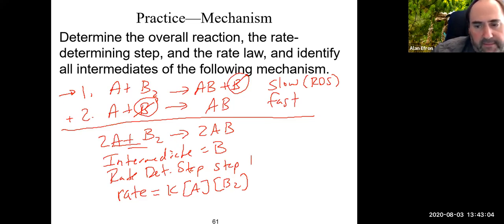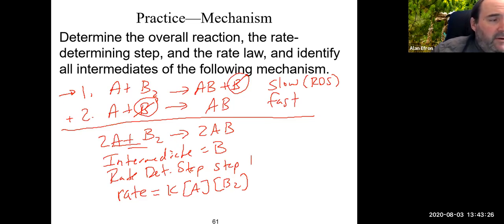If they do match, then you're good to go. It's a good mechanism. Or if the question isn't about whether it's a good mechanism, but they want you to determine the rate law, you would write the rate law for the slow step, and that would technically be the rate law for the overall reaction as well.